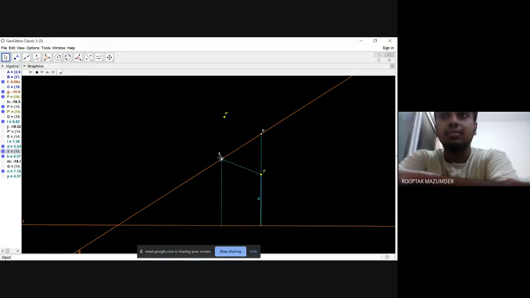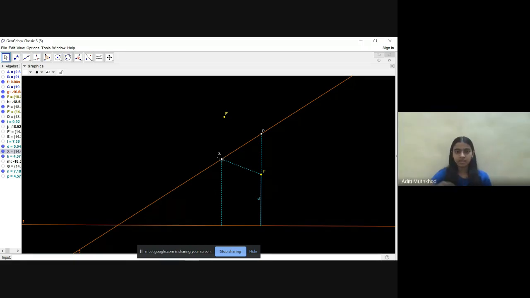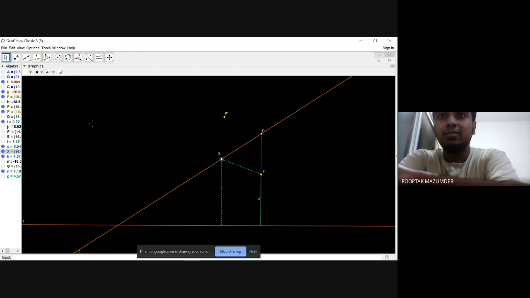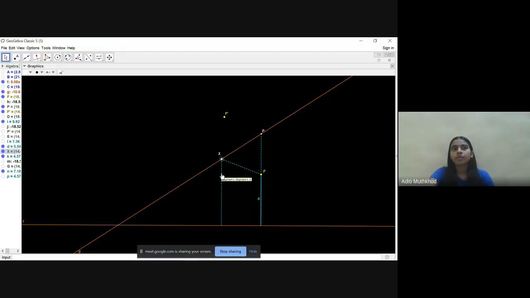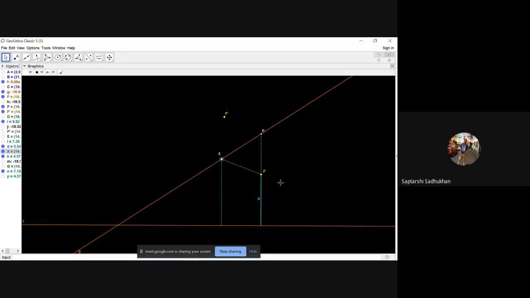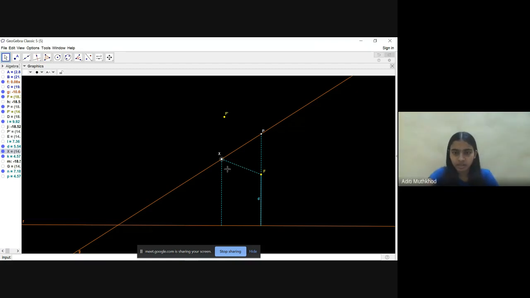The maximum difference. We can drop the perpendicular from F to XE and let the point of intersection be B. Then XB will be a maximum only when X is above F. But we don't want to maximize XB, right?